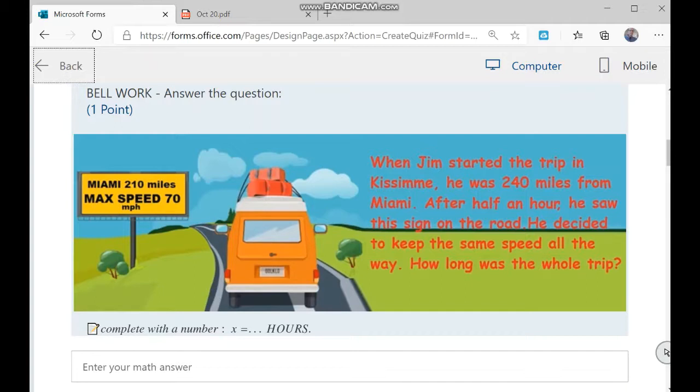When Gene started the trip in Kissimmee, he was 240 miles from Miami. After half an hour, he saw the sign on the road, and he decided to keep the same speed all the way. And the same speed is not the speed on the sign. It's the speed he was using in the first half hour. How long was the whole trip?